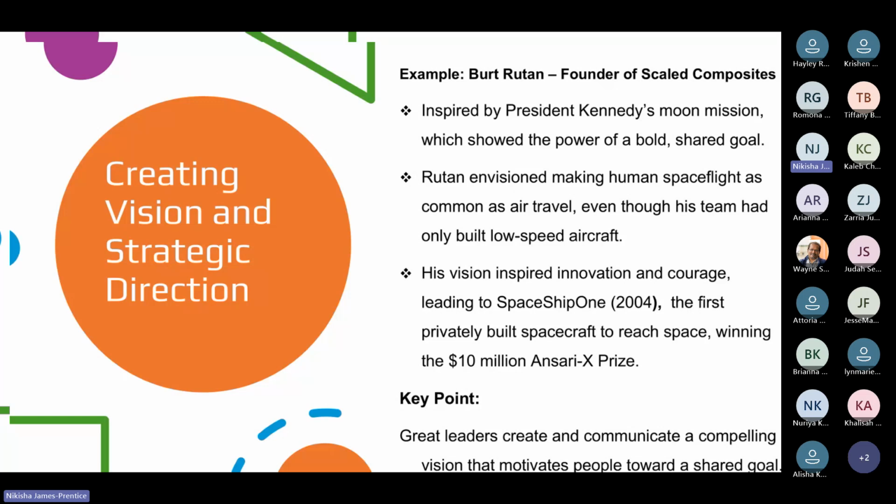Even though his company had only worked on low-speed aircraft, his powerful vision motivated his team to step beyond their comfort zone. The result was SpaceShipOne, which in 2004 became the first privately built spacecraft to reach space, winning the $10 million Ansari X Prize.